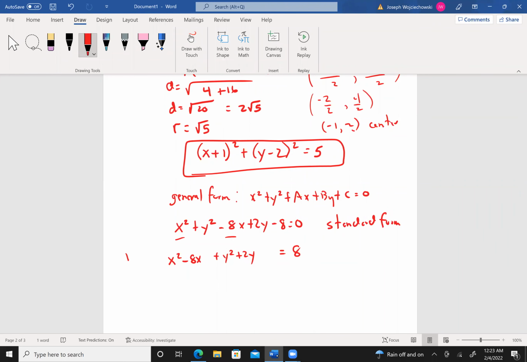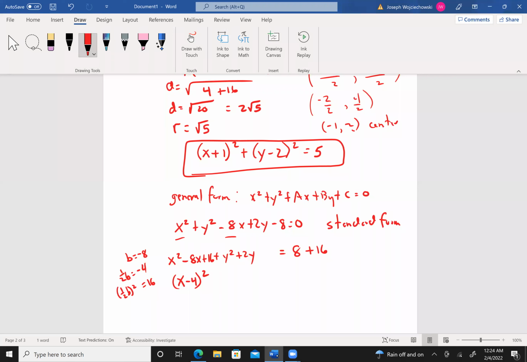So b, just looking at the x's, b is equal to -8. 1/2 b is equal to -4. 1/2 b squared equal to 16. So I'm going to add 16 here, so we need to add it over here. And this becomes x minus 4 squared.